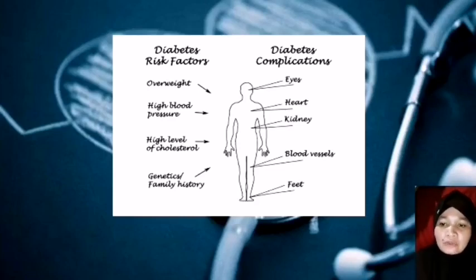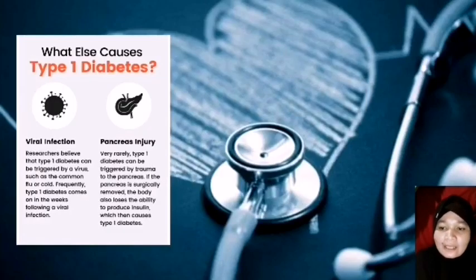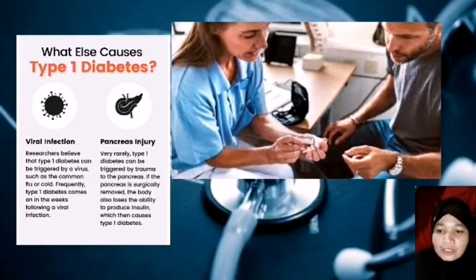There's no known way to prevent type 1 diabetes, but the researchers are working on preventing the disease or further destruction of the islet cells in people who are newly diagnosed. Ask your doctor if you might be eligible for one of these clinical trials, but weigh carefully the risks and benefits of any treatment available in a trial.